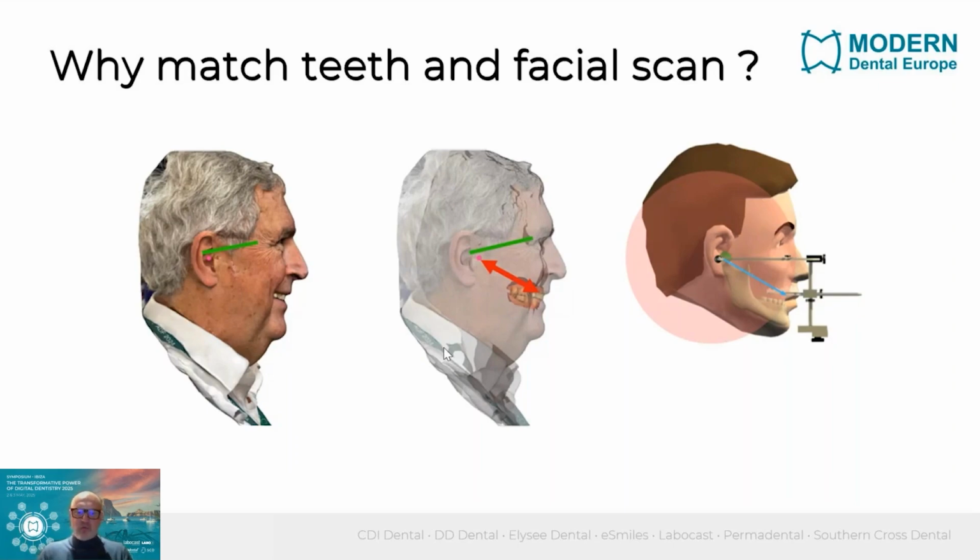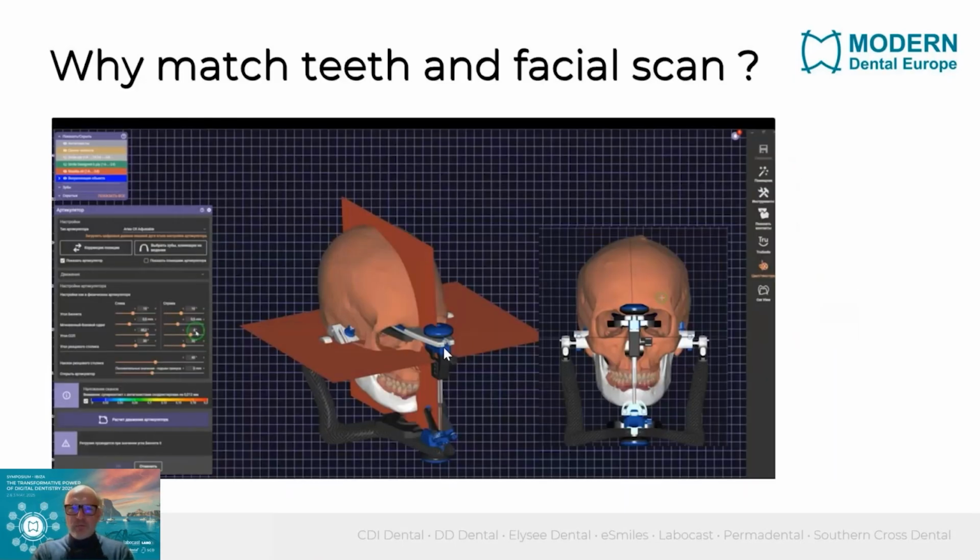And similar to what we have been doing analog for many years with the classic face bow. Okay, so this is in exocad then, and there we use this data, also the vertical dimension of occlusion, to design prosthetics with much greater precision, with the perfect position on the mounting table.